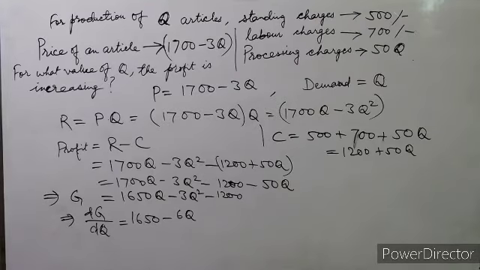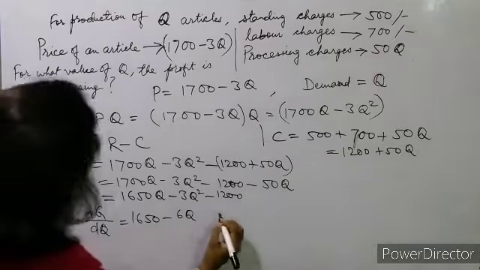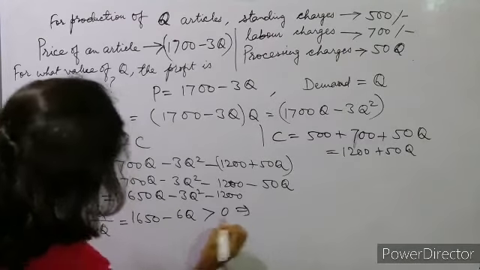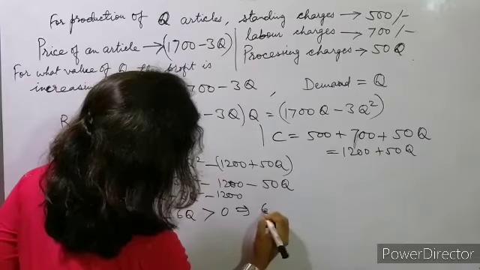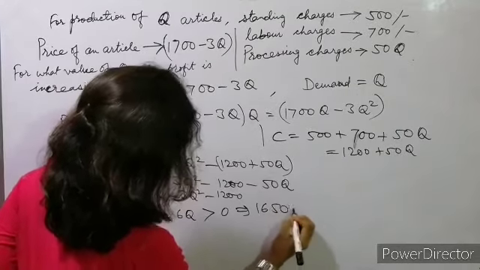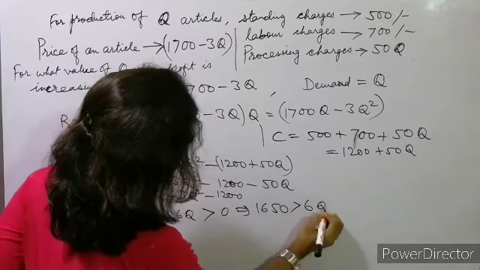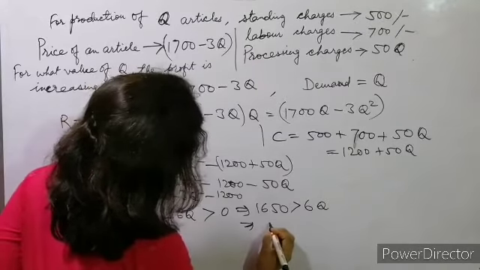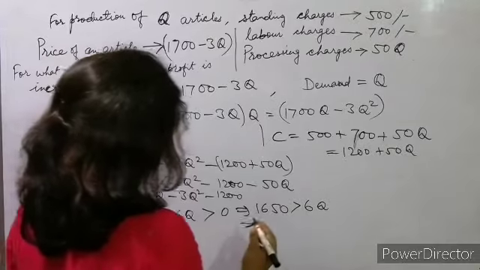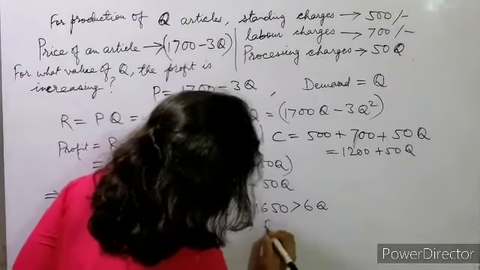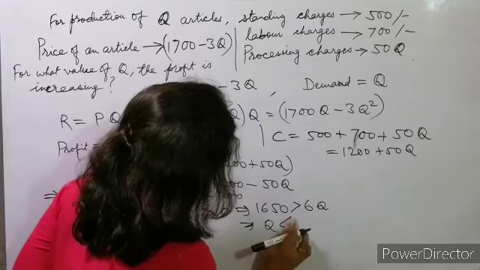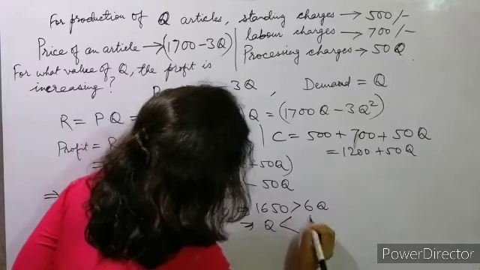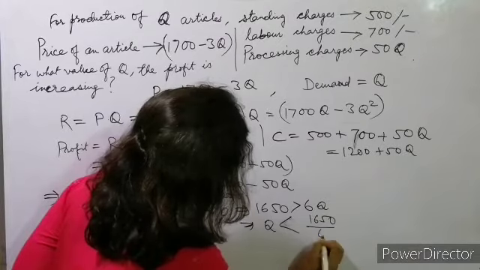Now profit is increasing, so for that this should be greater than 0. It means 1650 should be greater than 6Q. So Q will be lesser than 1650 divided by 6.